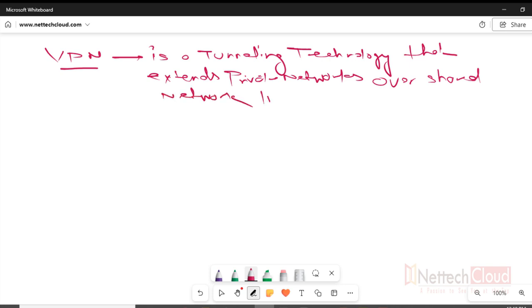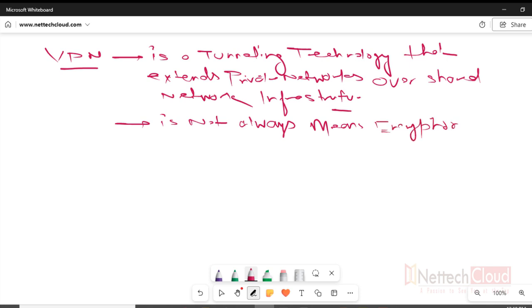Shared network infrastructure. And VPN does not always or necessarily mean encryption, right?